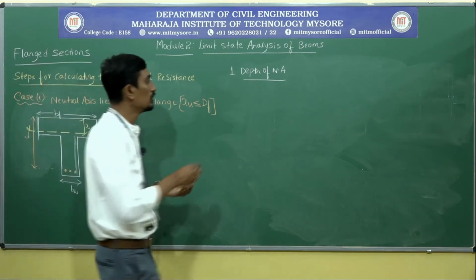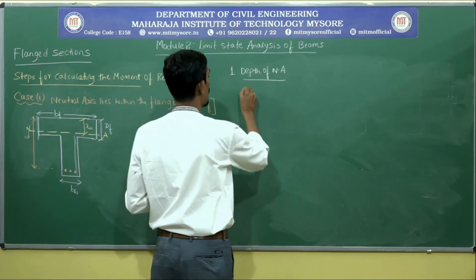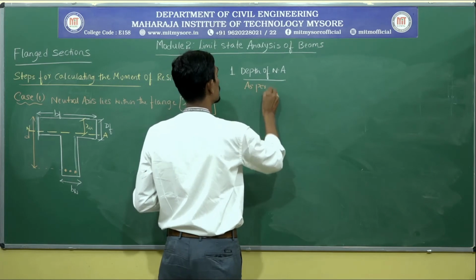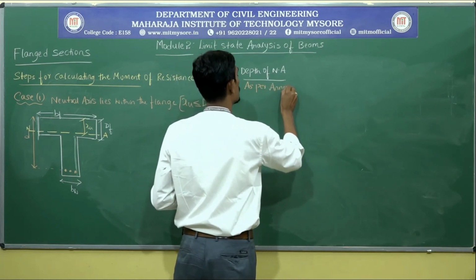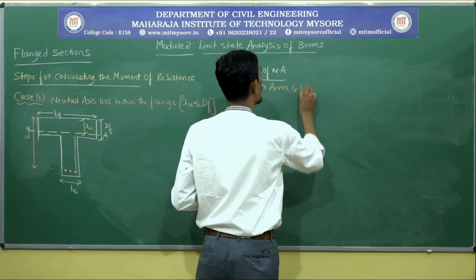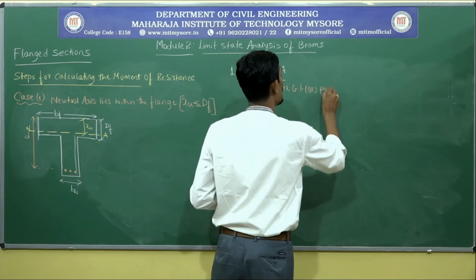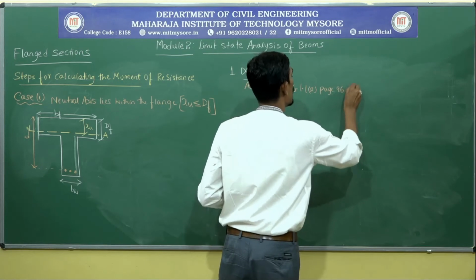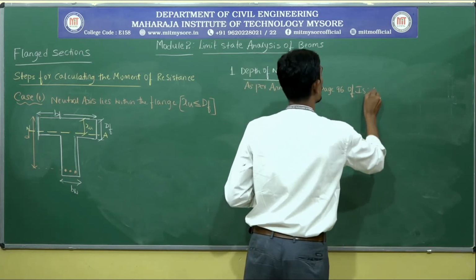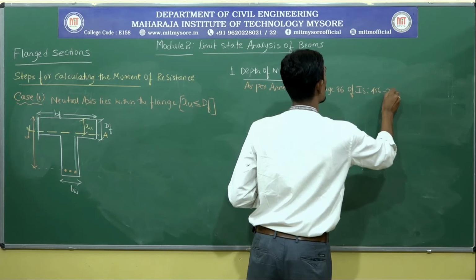How to calculate this depth of neutral axis? The same thing, as per Annex G, G-1.1a, page 96 of IS 456:2000.